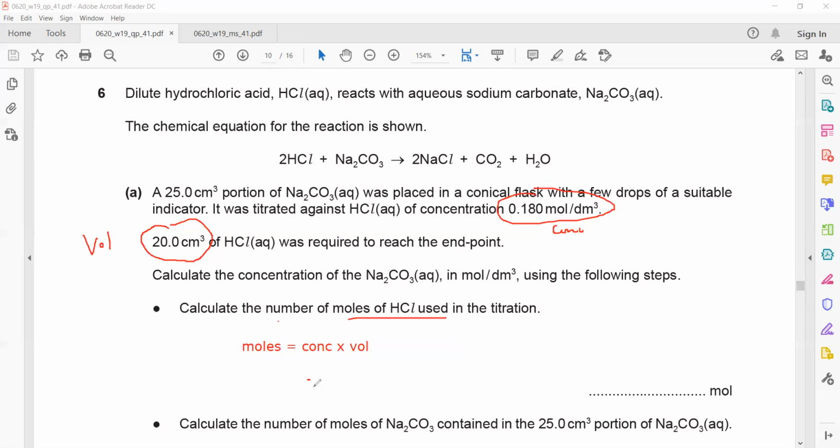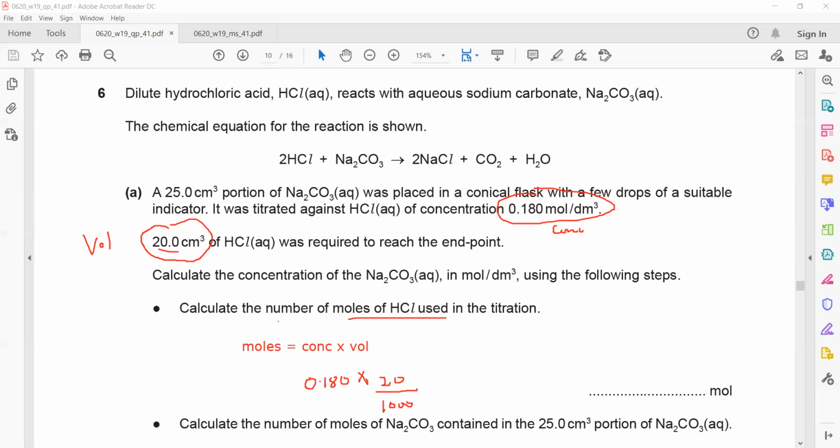The concentration is given, 0.180, and the volume is 20 cm cube, but this should be in dm cube. So I will divide by 1000, because the concentration is mole per dm cube, so the volume should be in dm cube. What is the answer for this part? 0.18 multiplied by 20 divided by 1000.